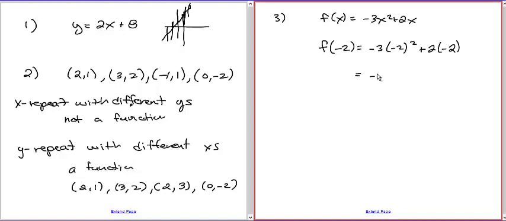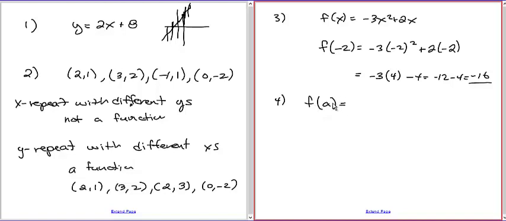You simplify it, and be careful. If you square a negative number, you get a positive number. If you cube a negative number, it stays a negative. So here we've got -3 times +4. Here we're not squaring it, so it's just going to stay the same. So 2 times -2 is -4. So just put -4 in there. -3 times 4 is -12. -12 minus 4 is -16.